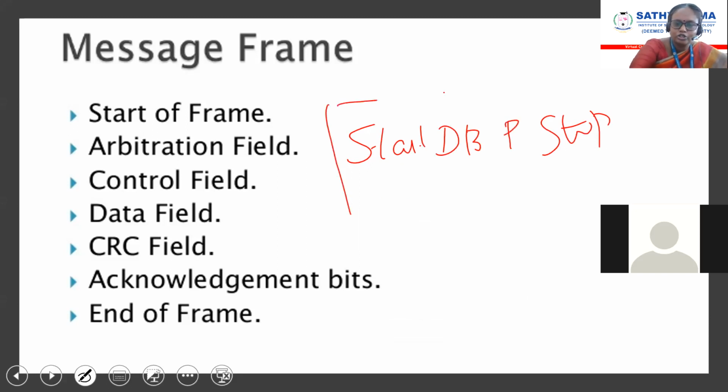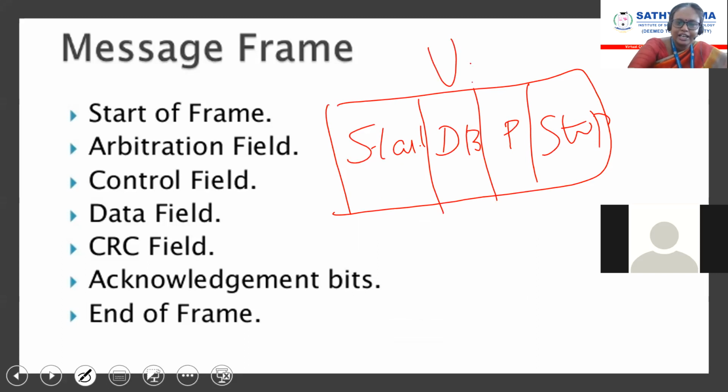So this is the structure for UART: start bit, data bit, parity bit, stop bit. But CAN is a separate protocol, so we can't use the same serial communication concept here. So they developed their own message frame for CAN.